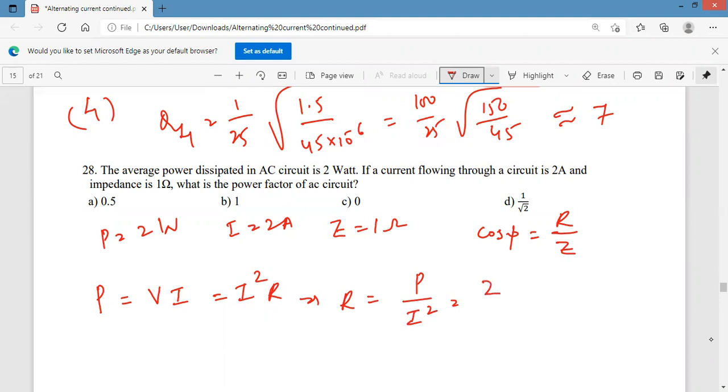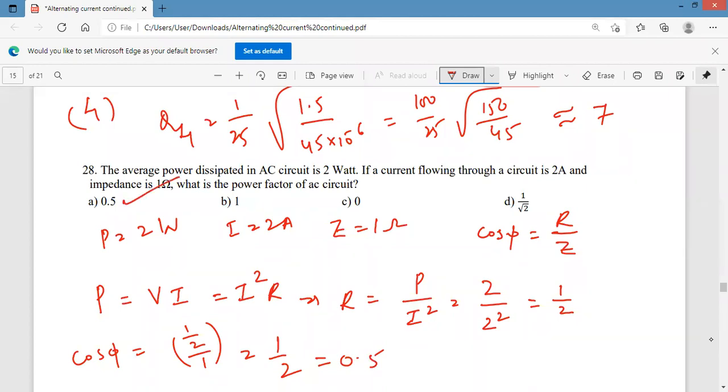Power is 2. I is how much? 2 square, and 2 square is 4. Then the resistance is 1 by 2. Then power factor cos phi is equal to 1 by 2 by 1, is equal to 1 by 2. 1 by 2 means 0.5. Option A is the correct answer. For 28, option A is the correct answer.